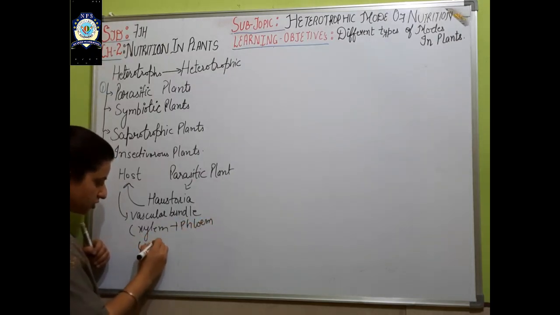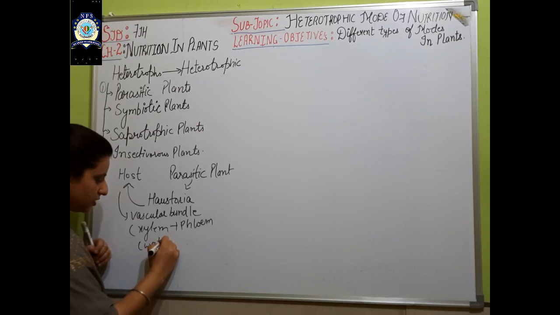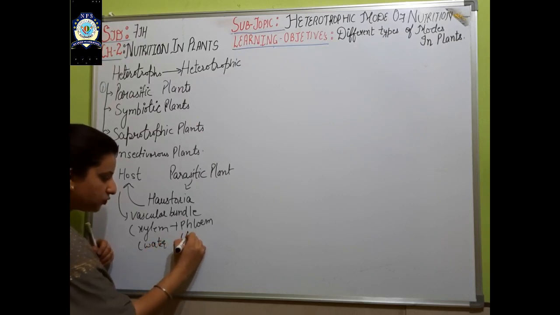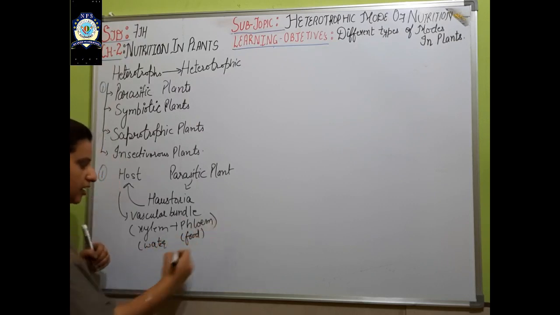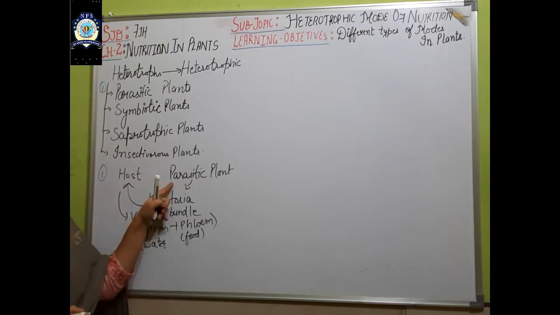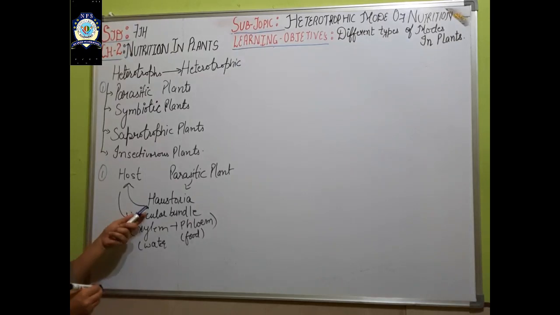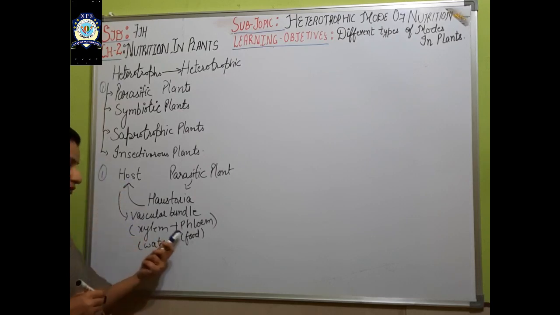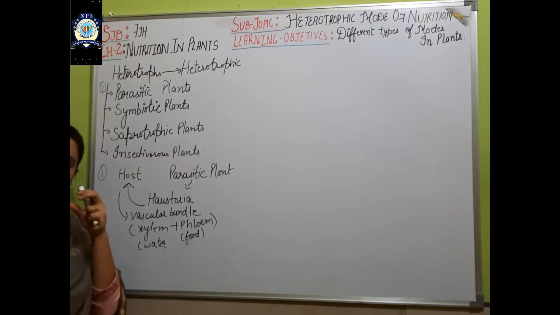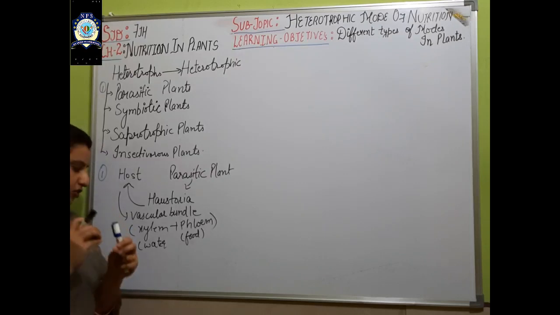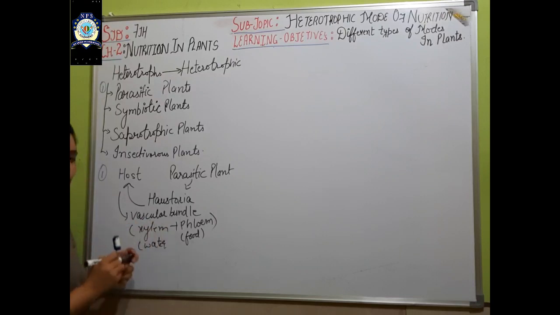Xylem provides water, and phloem provides food in the plant body. The haustoria penetrate deeply into the vascular bundle and take water from the xylem and food from the phloem.